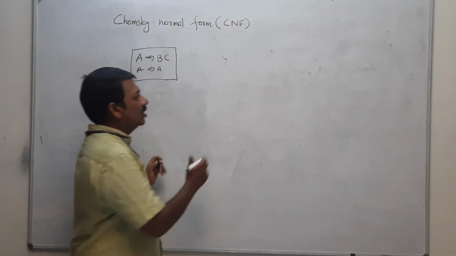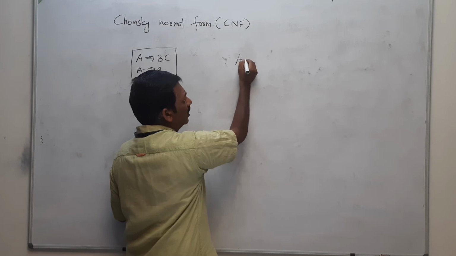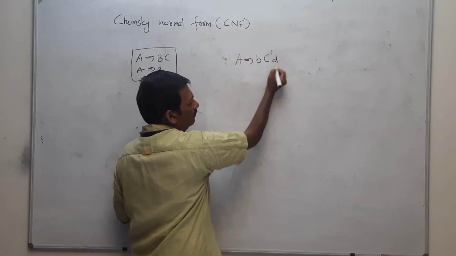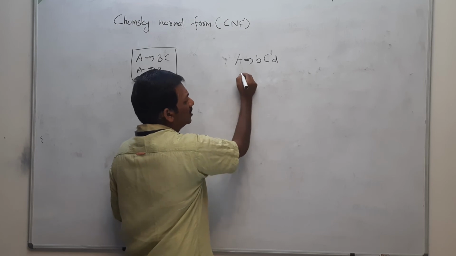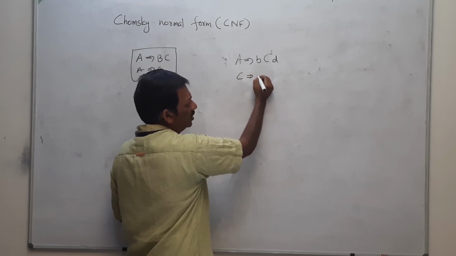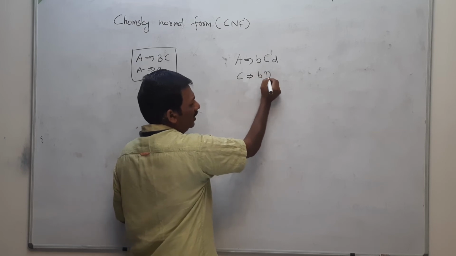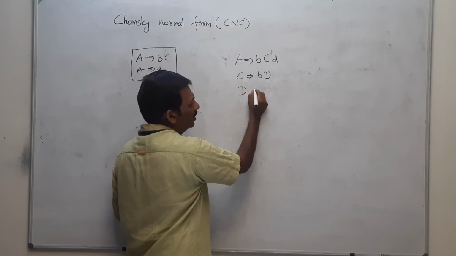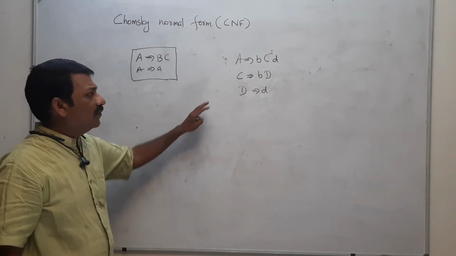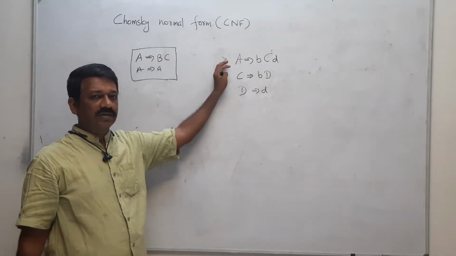Suppose that you have a production like A derives BCD, and suppose that C derives bD, and D derives small d. Suppose that we have a set of productions like this.